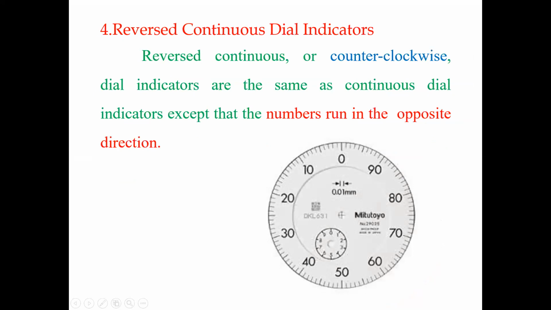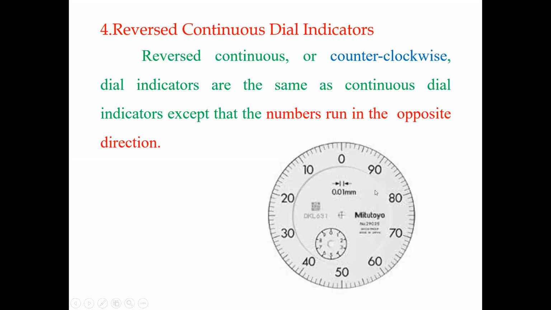Next one is reversed continuous dial indicators. It is the same as continuous dial indicators, but the figures are marked in the opposite, reverse direction. If you observe here, 0, 10, the figures are increasing in the anti-clockwise direction.